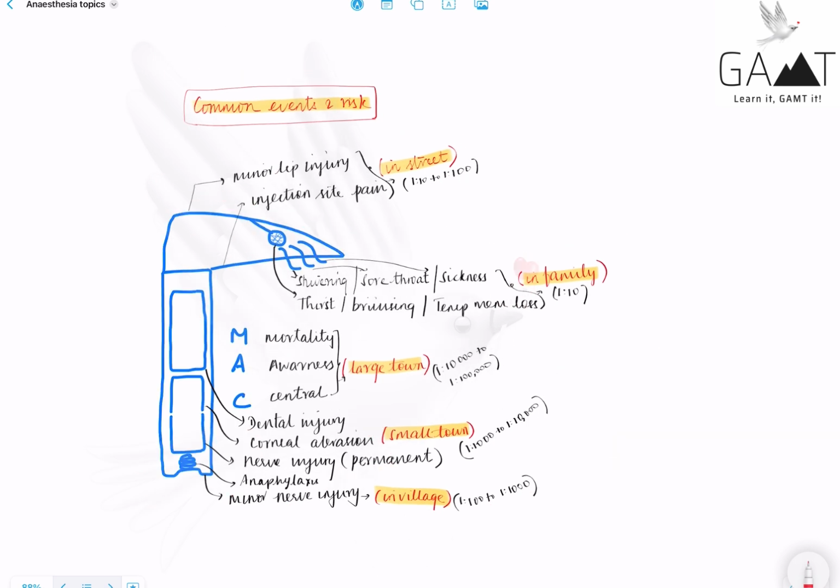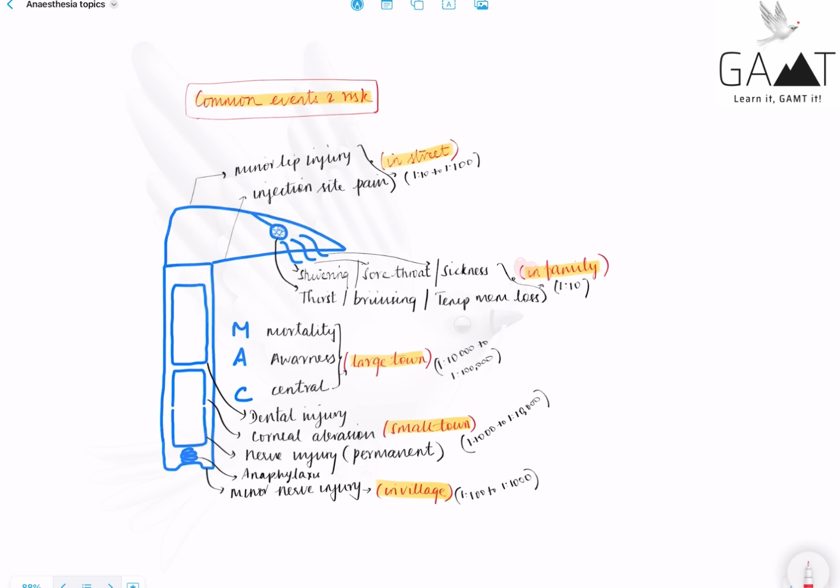Great. Hope you liked it. So we have very common side effects, 1 in 10, in the family: shivering, sore throat, sickness, thirst, bruising, temporary memory loss. And then you have common side effects, which happen from 1 in 10 to 1 in 100, in the street, for example: minor lip injury, injection site pain.